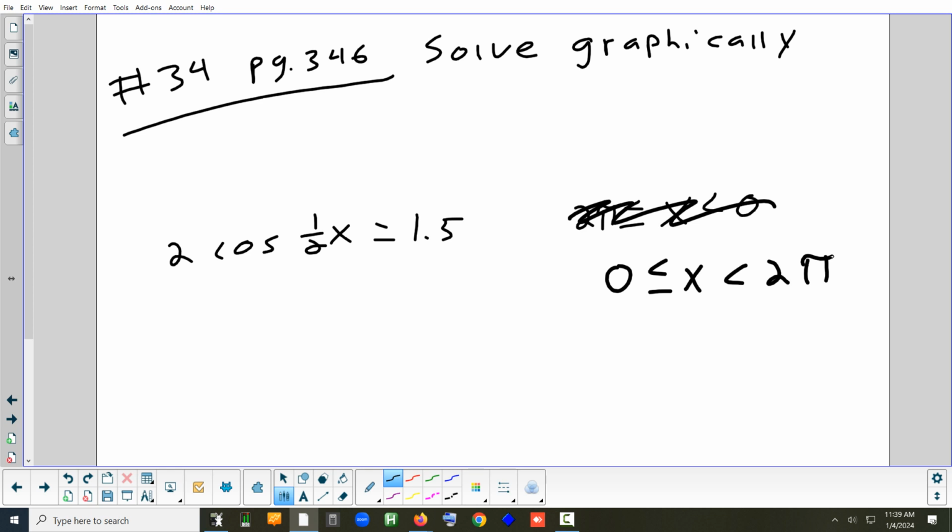That's because when you draw something, if you count this as an answer, you don't count this as an answer too, if you're looking for where they cross. Because technically, this is the start of the next cycle. So you only include one edge of the window. Right? Don't include both.